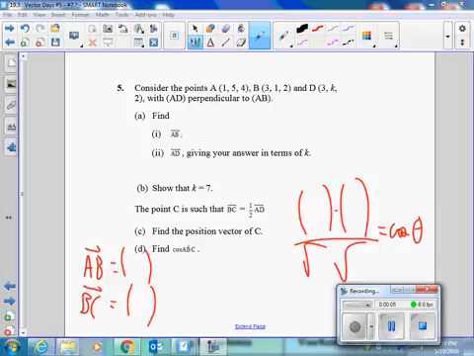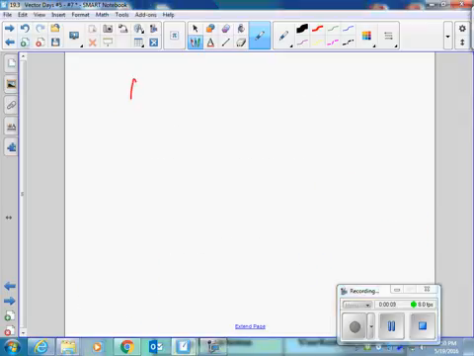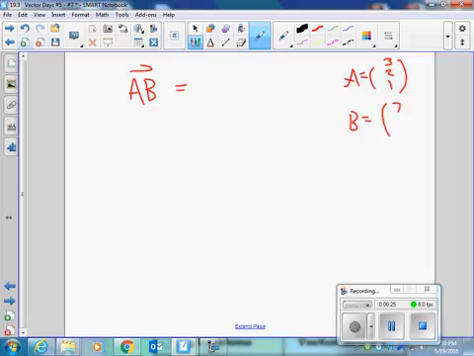This is number 5, it was asked. And before we do number 5, I just want to talk to you about the two main things that you're going to be doing with vectors. You're either going to be finding, if you have a point A is 3, 2, 1, and a point B is, let's say 7, 5, 3, okay? AB is a vector going from point A to point B. So which is the head and which is the tail?